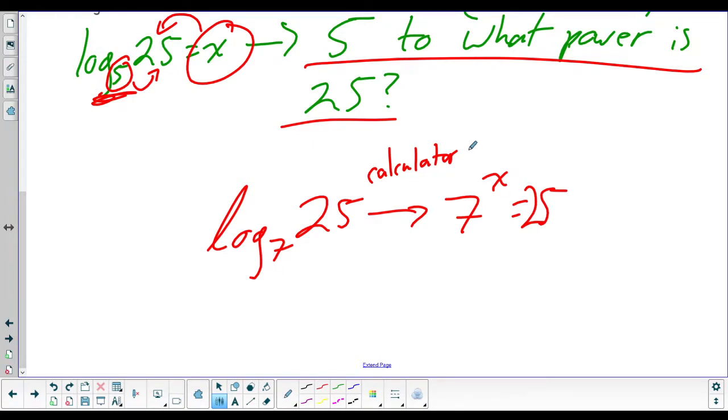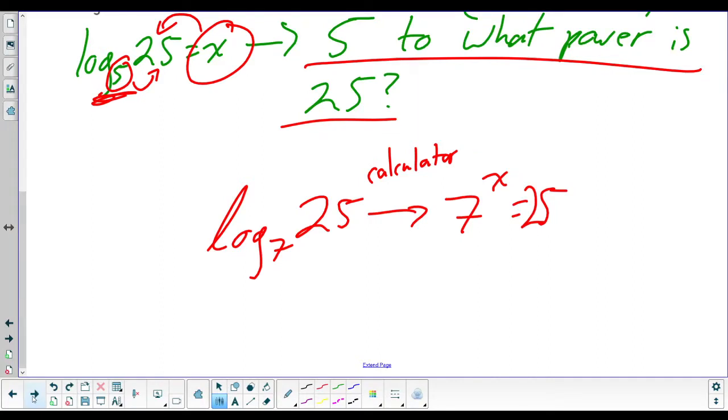It guesses and checks like 10,000 times and then gives you the best answer it can think of. But there's not an algorithm that an Algebra 2 student can follow to do this. So the short answer is you don't do a log. You set up the log equation and put it into a calculator.